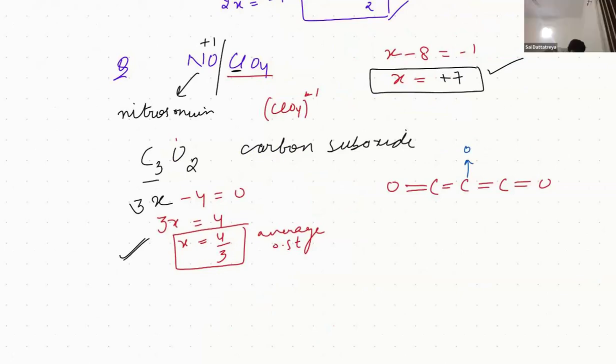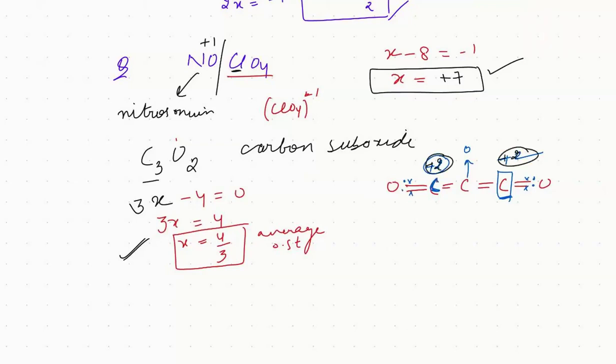This carbon, the blue one, loses its 2 electrons to oxygen, so it requires a +2 charge. And this black carbon loses 2 of its electrons to another carbon, so it requires a +2 charge. So basically, the original charges on each carbon would be 2, 0, 2.